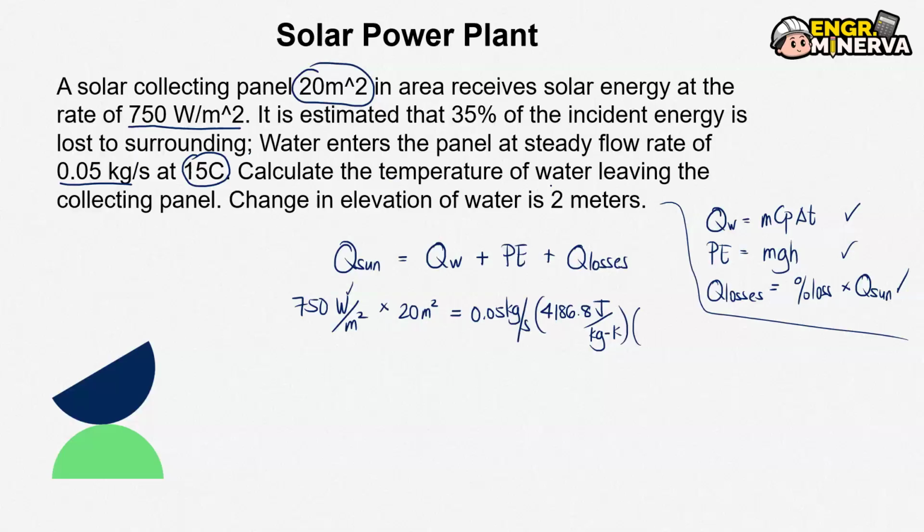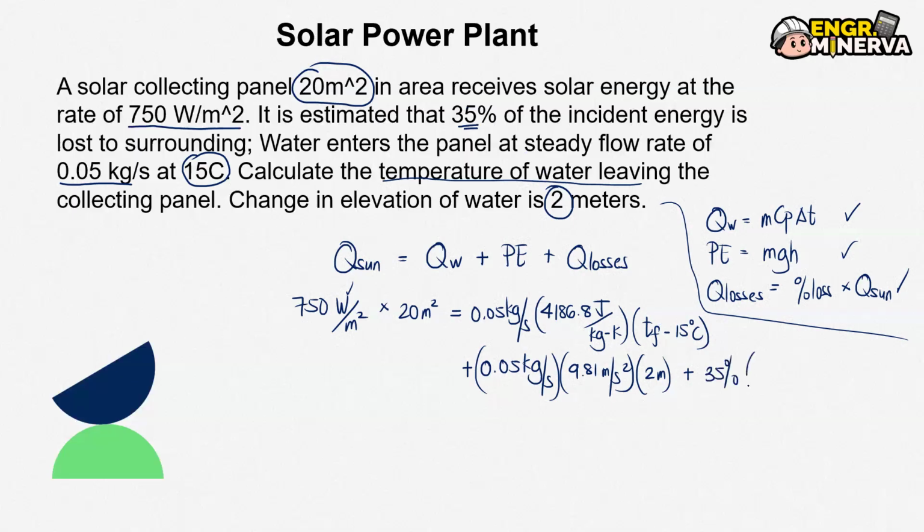We are to find the temperature of the water leaving, so that is the final temperature minus 15 degrees Celsius. Plus the potential energy of the water, that is 0.05 kilograms per second, multiplied to g, which is 9.81 meters per second squared, and the change in height, which is 2 meters. Plus Q losses, that is 35% of your Q of the sun.